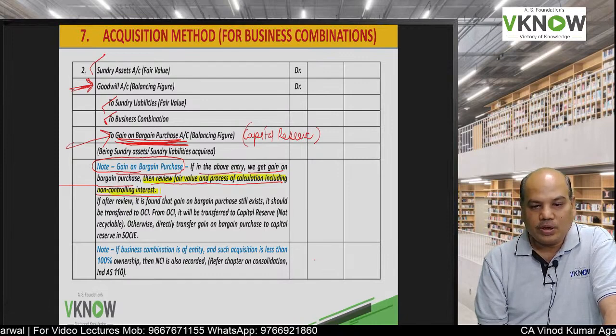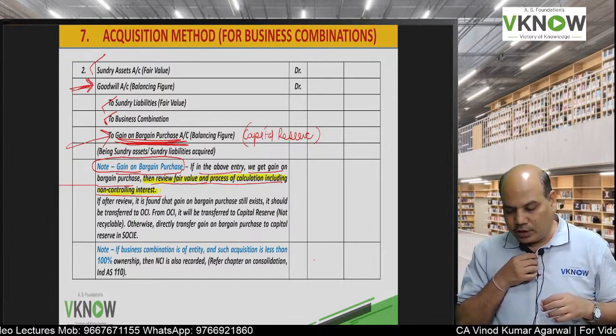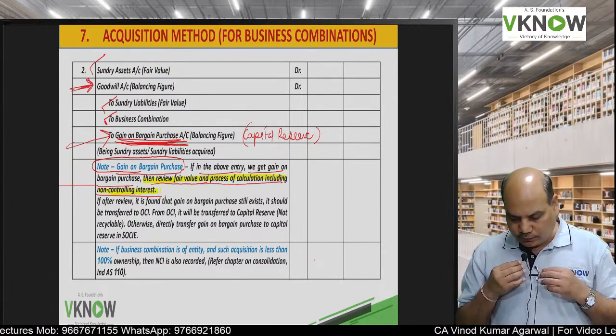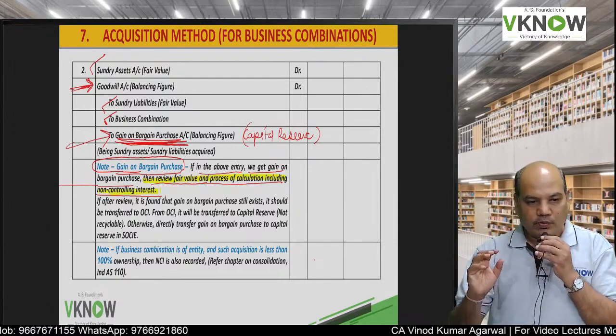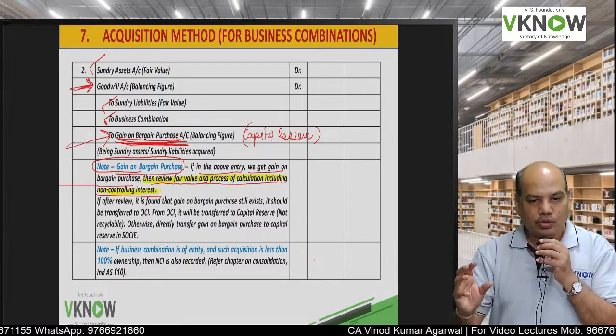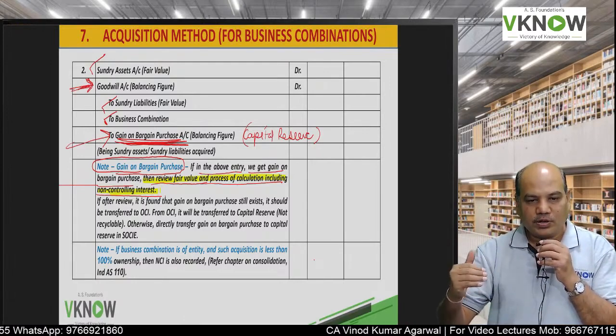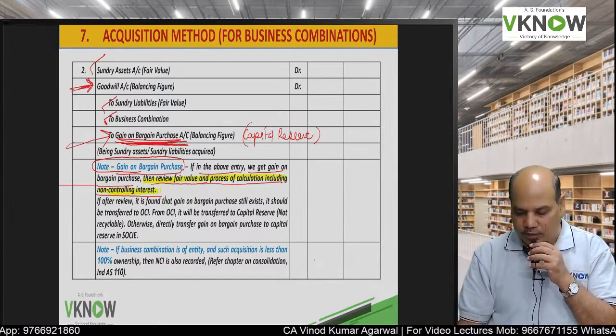Generally in business combination you will get goodwill because somebody is valuing business, so usually they will pay a higher amount, but it is quite possible due to some reason the person who is selling his business may sell it at a lower price.